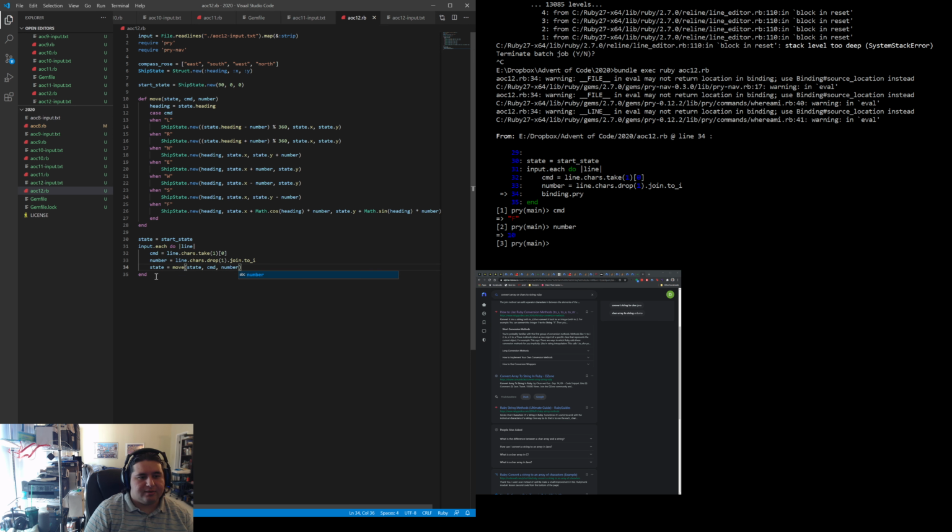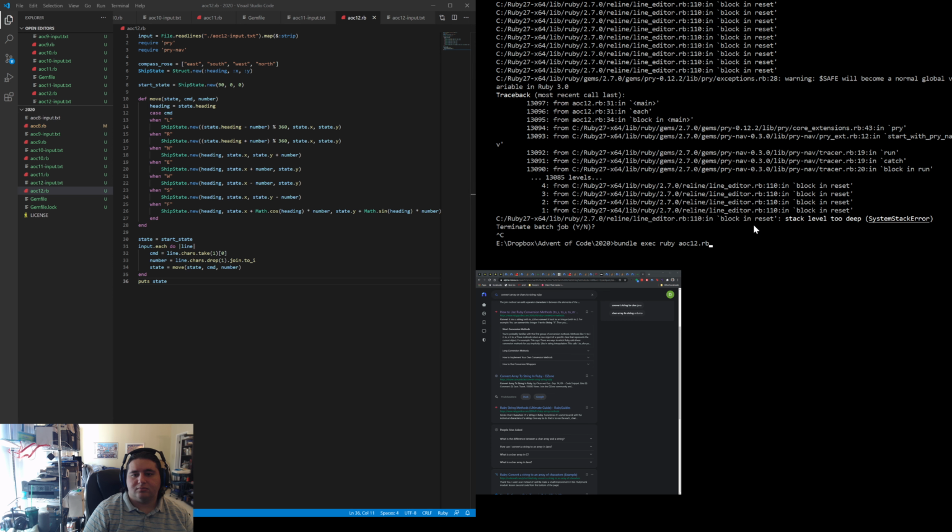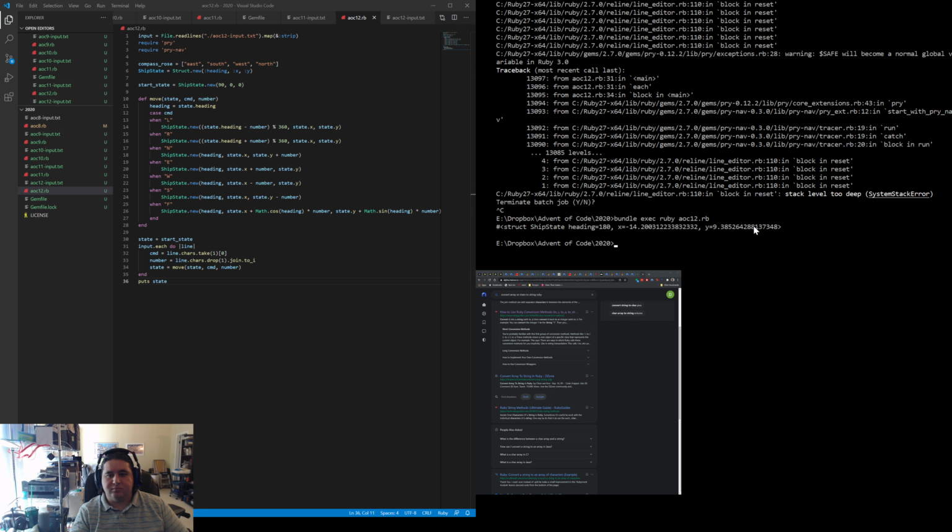And hope that, and then put the state at the end. The heading's 180. Oh, something went wrong. Something went very wrong. There should not be fractions in this. Okay, what did I do?